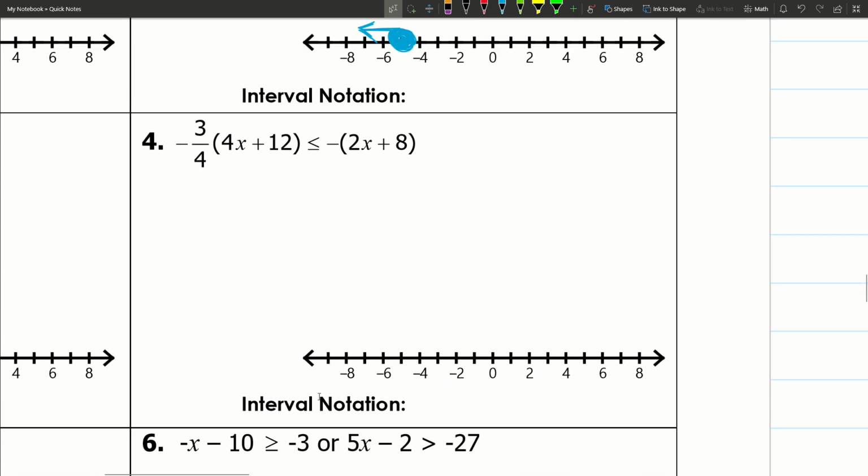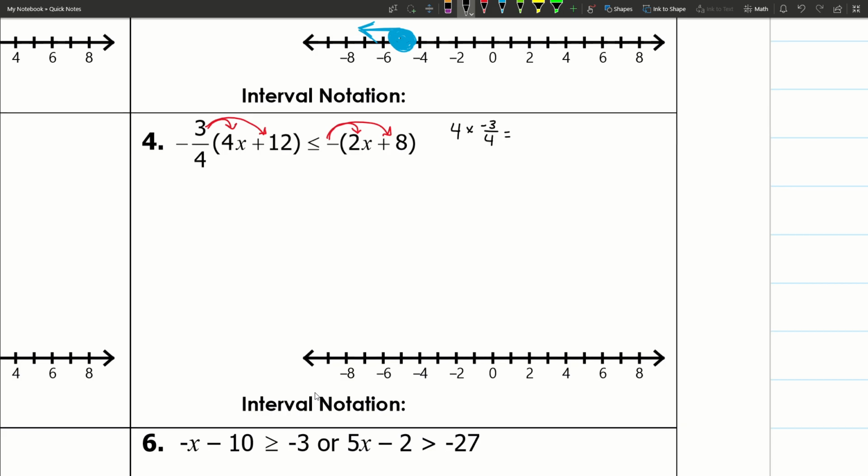Number 4 is going to be a little bit more difficult. The first things we're going to want to do is distribute our negative and distribute our 4/3. When we're distributing our 4/3, we'll have 4 times negative 3/4 x.